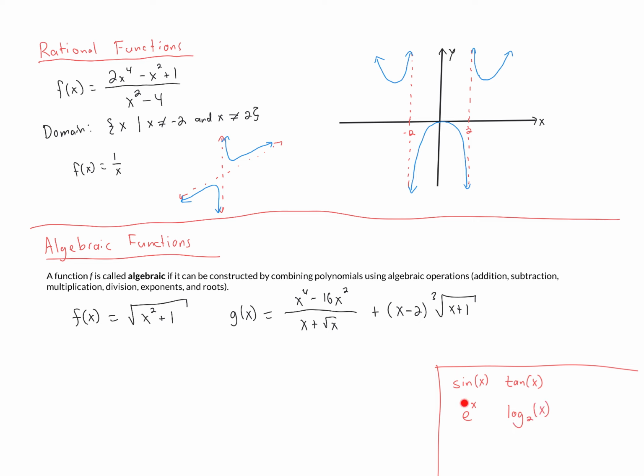Things like these, which hopefully you've seen before, are their own thing. These are not things that we can make out of polynomials. They're more complicated than that. And so these ones are not algebraic, and that's why in the next lesson we're going to talk about these categories of functions which fall under the umbrella of transcendental functions.